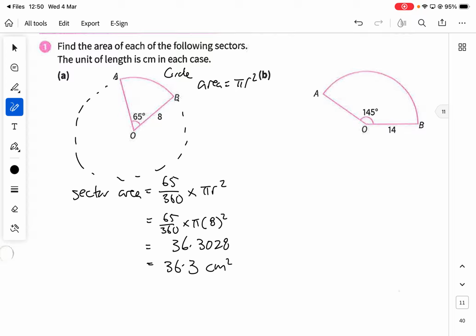Good question. Okay? When we want this area, we take this angle. Then now when we want this area, we also must take this angle. So we must first find out what is this angle. So this angle is 360 minus 120 equals to 240. Okay?